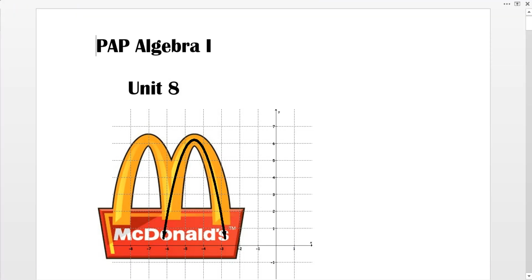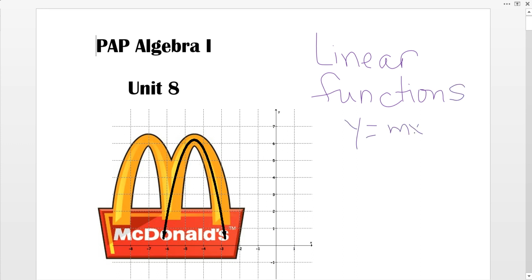So when you think about functions, we've done linear functions, which was y equals mx plus b.